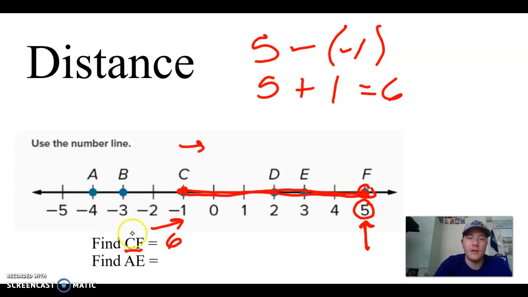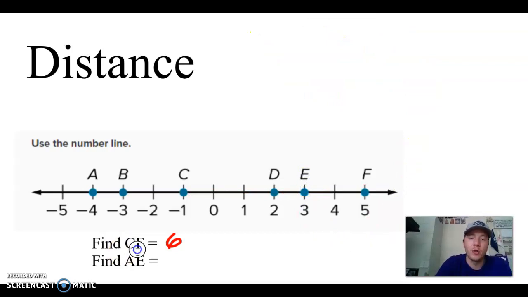Okay, and I understand, like we said just a second ago, that yeah, you can also just count. I know, you were correct. Not going to be able to always count today though. So when we look at AE, again, just for the sake of looking at how we get there, yes, we could count the 7 steps. 1, 2, 3, 4, 5, 6, 7.